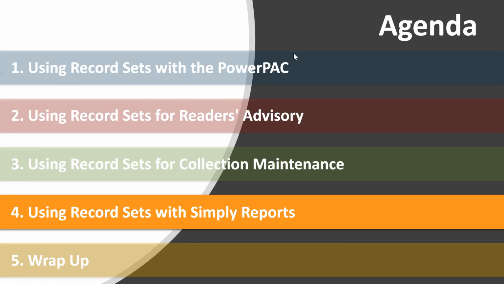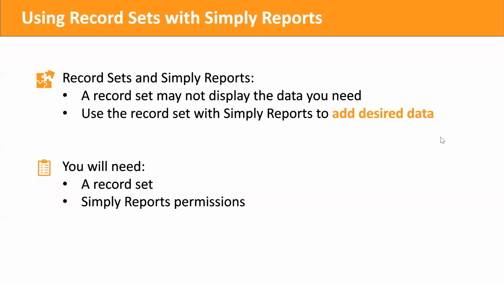But the downside of that is that the data fields in a record set are locked in. So for example, an item record set does not display the loan period code attached to the item or the year-to-date circulation number.